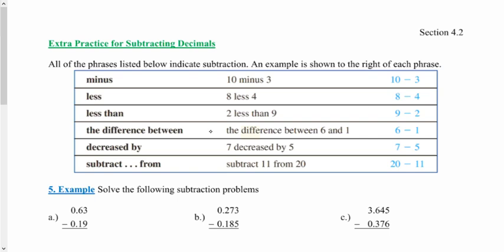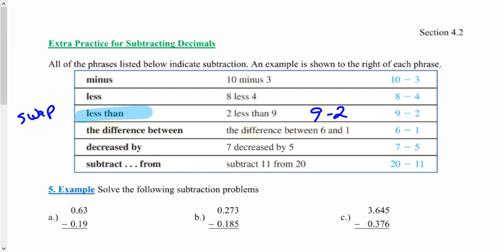Lessen it by 4. Less than, so 2 less than 9, this is one of them that's got to get swapped around. This one gets changed. This is in a different order. 2 less than 9 means start with 9 and then take away 2 from it. That's an important one.